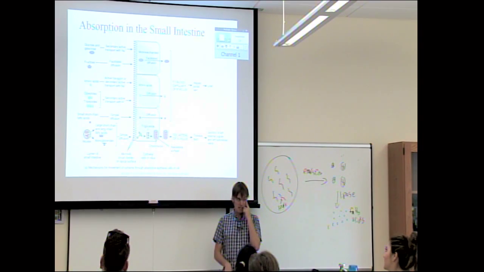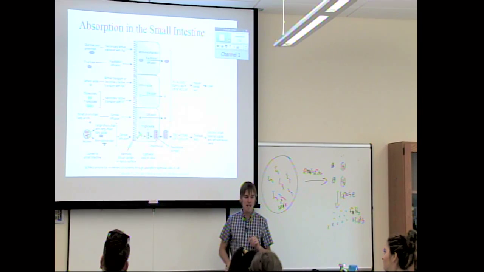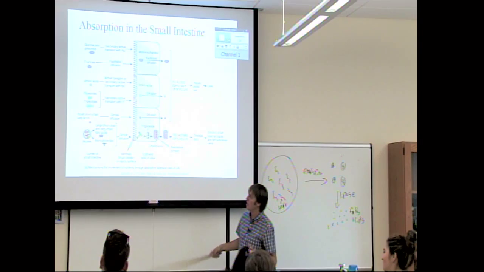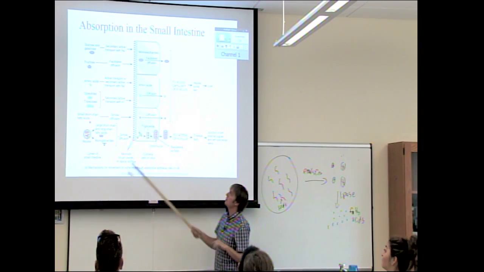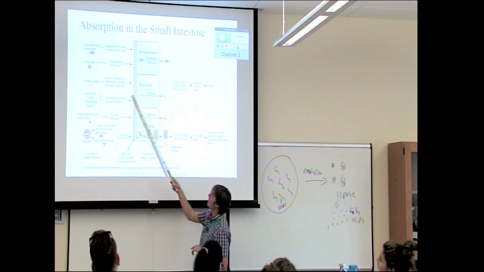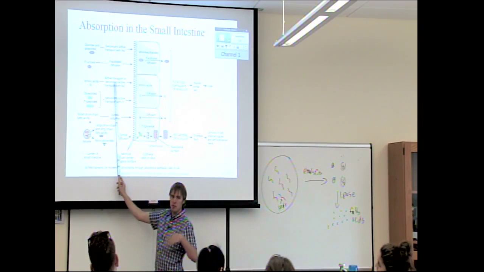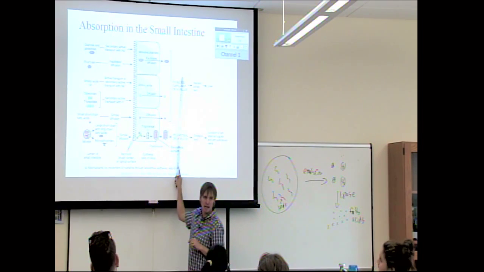I don't know if you remember learning about simple diffusion, facilitated diffusion, and active transport in 201 a little bit. You probably hated it. It's okay. So just wanted to point out that all of those processes are happening in the small intestine. You've got certain things that are absorbed by simple diffusion. Over here is the lumen, inside the intestine. Over here are the blood vessels, the capillaries.